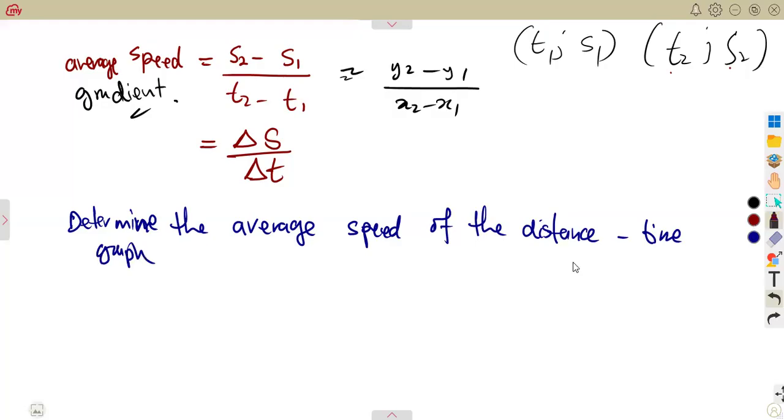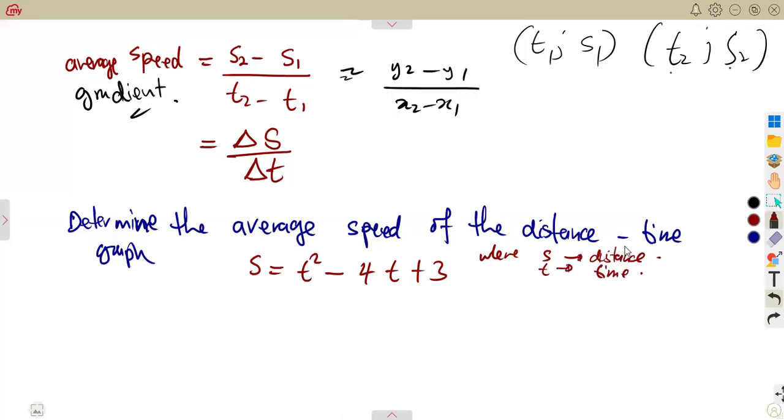And you are given that as s is equal to t squared minus 4t plus 3. So you might be given a function like this, where s is the distance, which you can consider as the displacement, and t is the time.